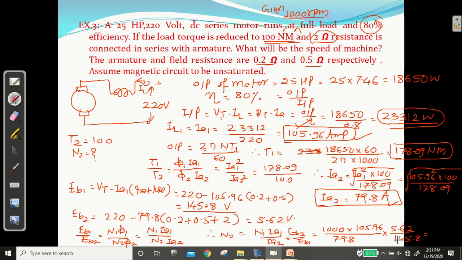So I am going to use the calculator: 1000 into 105.96 into 5.62 upon 79.8 into 145.8.